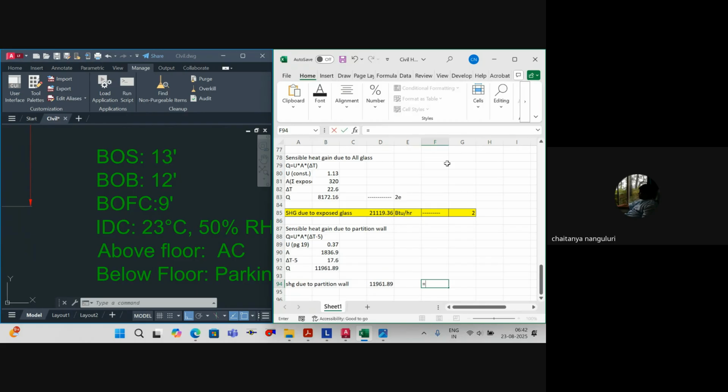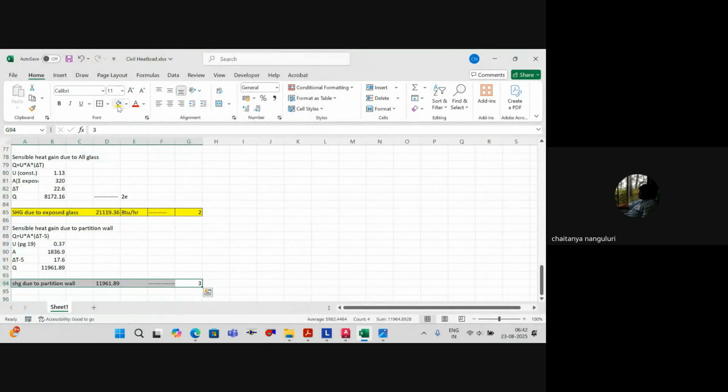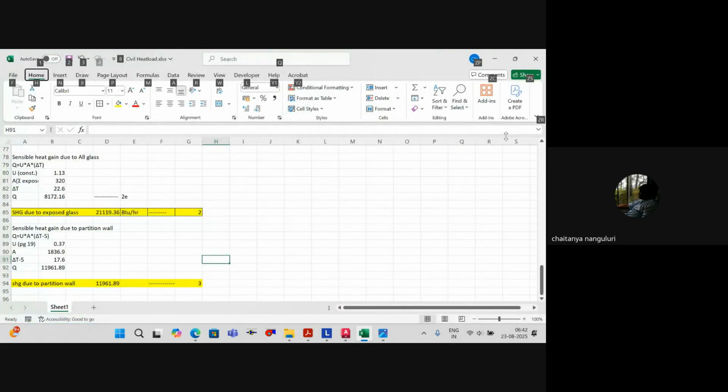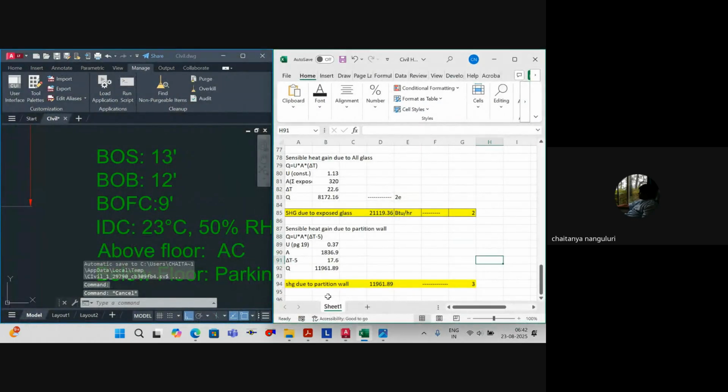We'll write it as equation 3. Understood? So let's check. We'll get this value as well. Sensible heat gain due to partition wall is done.